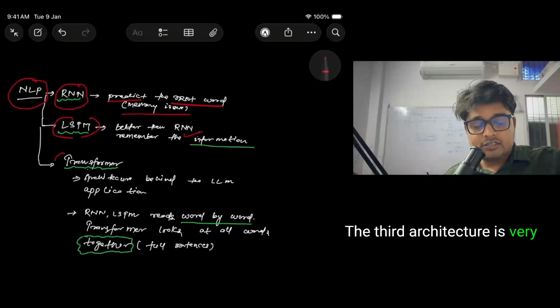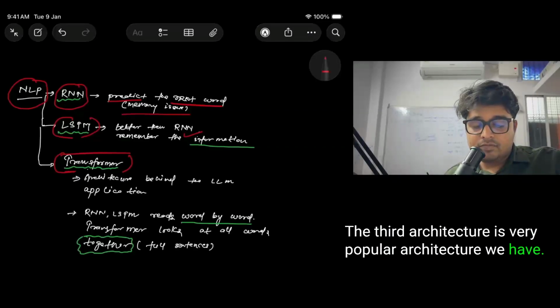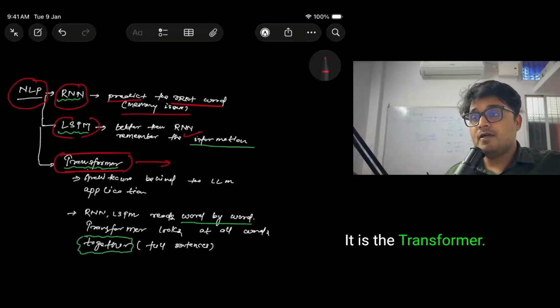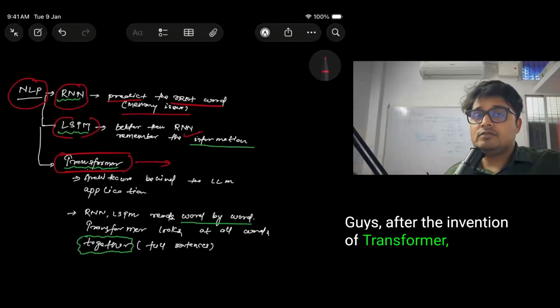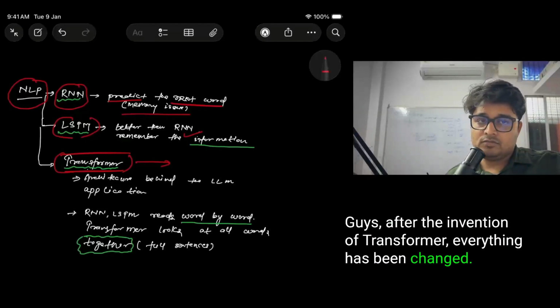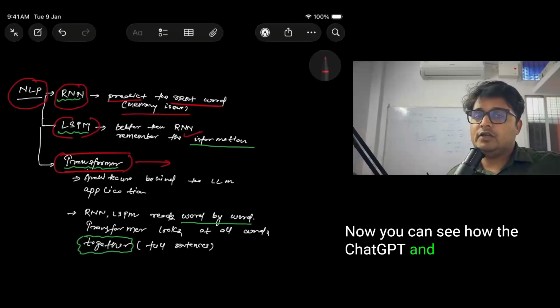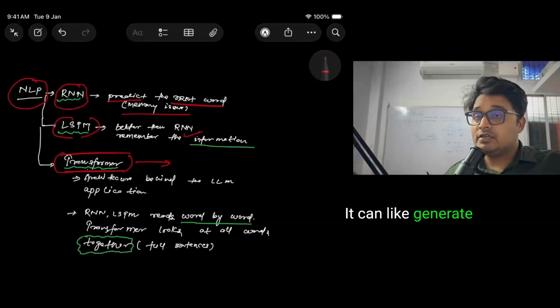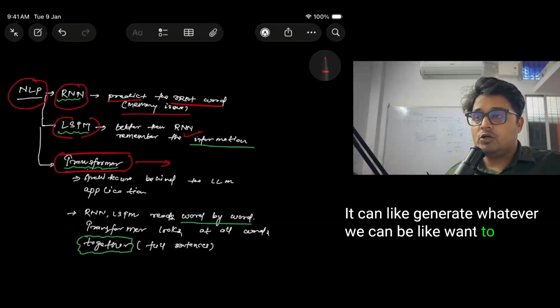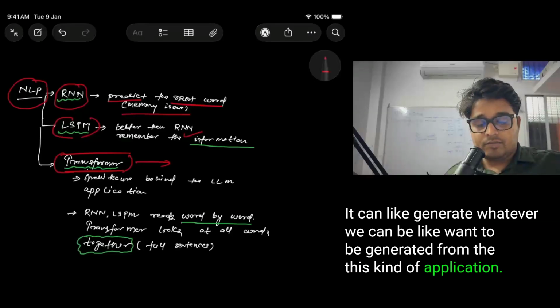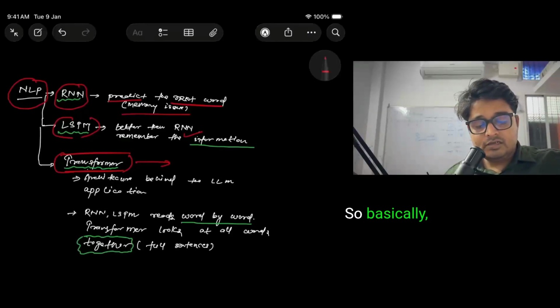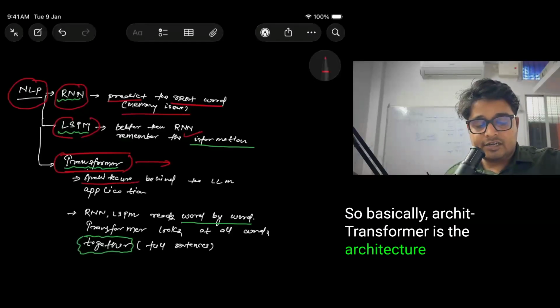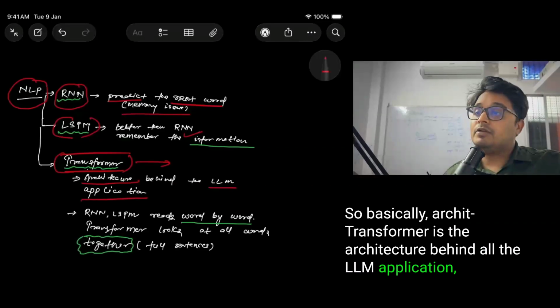The third very popular architecture is the transformer. Guys, after the invention of the transformer, everything has changed. Now you can see how ChatGPT and Claude work. They can generate whatever we want. Transformer is the architecture behind all the LLM applications.